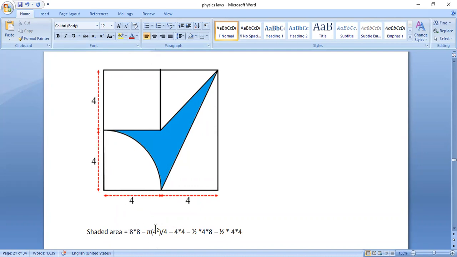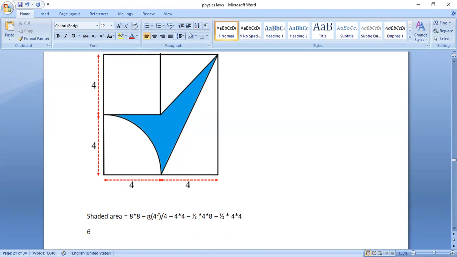So pi into 4 square by 4 minus this square's length is 4 centimeter, 4 into 4, minus area of this will be half into base into height. Base is 4 centimeter, height is 8 centimeter. So half into 4 into 8 minus here this one, the height is 4 centimeter here also and base is also 4 centimeter. So half into 4 into 4.